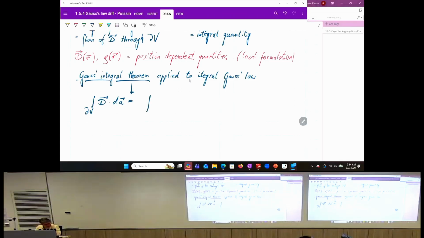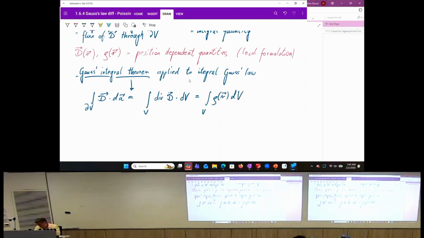We can also express it as a volume integral over the divergence of the displacement field, and that gives us, unchanged from Gauss law, on the right-hand side the volume integral over the space charge density rho of R. So basically we say that the dV should be very small, and if we get to the point where it is really small, then actually we can skip the integral.